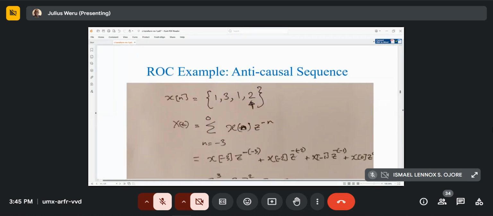This is anticausal. You can see this is the 0th sample. This is the minus 3 sample, minus 2, minus 1, 0. So this goes from minus 3 to 0, x[n] z to the power of minus n.